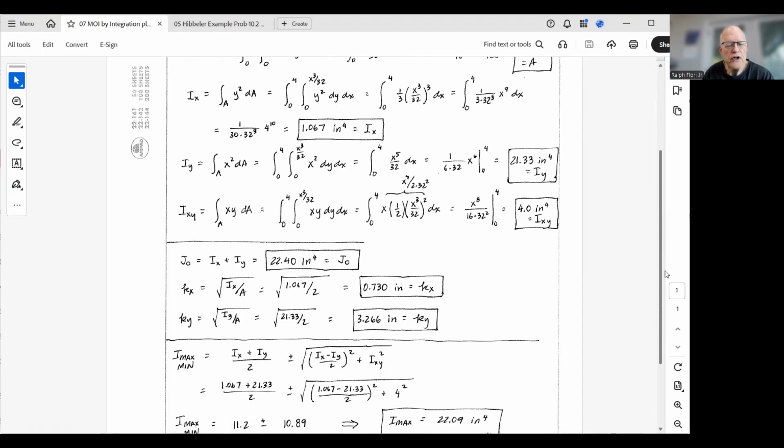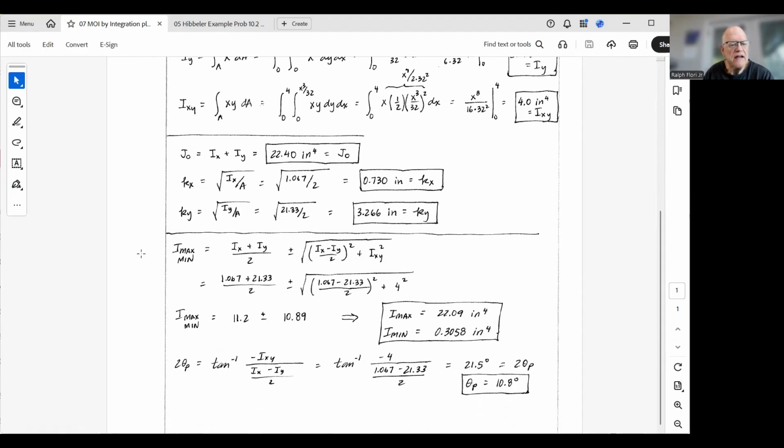So the formula we're going to use for Imax and Imin is Ix plus Iy divided by 2, plus or minus the square root of (Ix minus Iy over 2) squared, plus Ixy squared. And so this is basically an I average term, plus or minus this term.